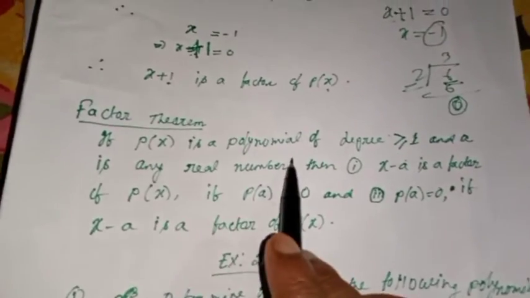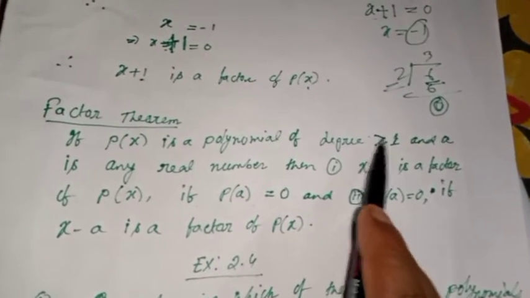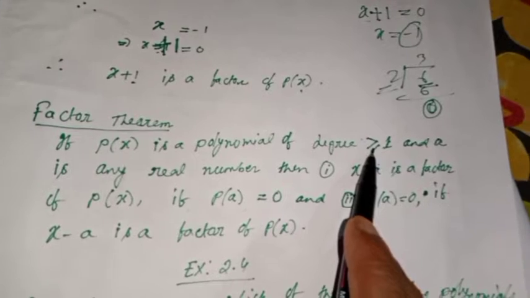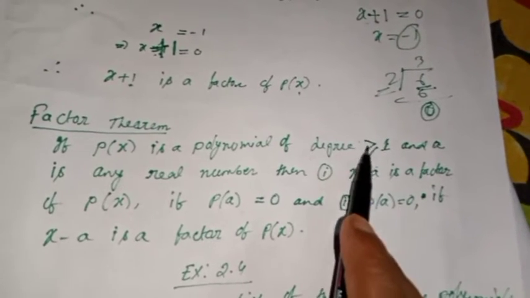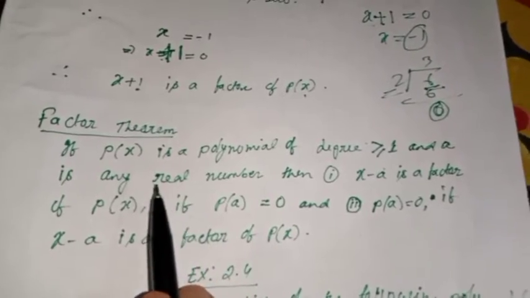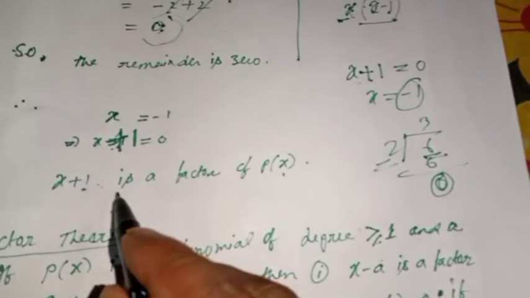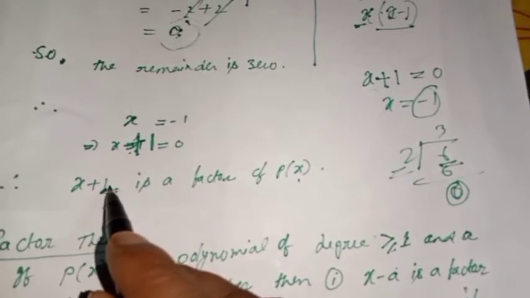If p(x) is a polynomial of degree greater than or equal to 1, means the degree is not 0, and a is any real number. Here, when you are taking x plus 1, 1 is a real number.